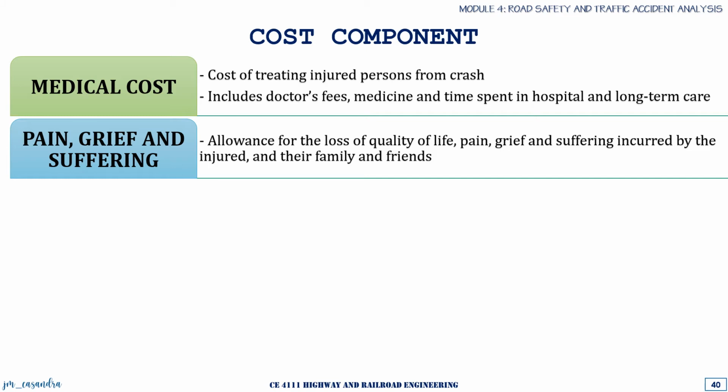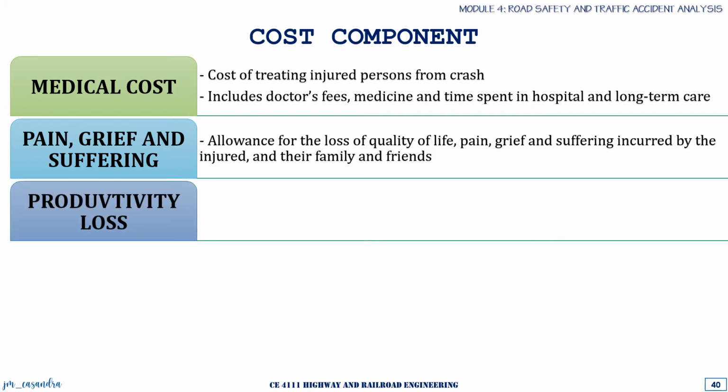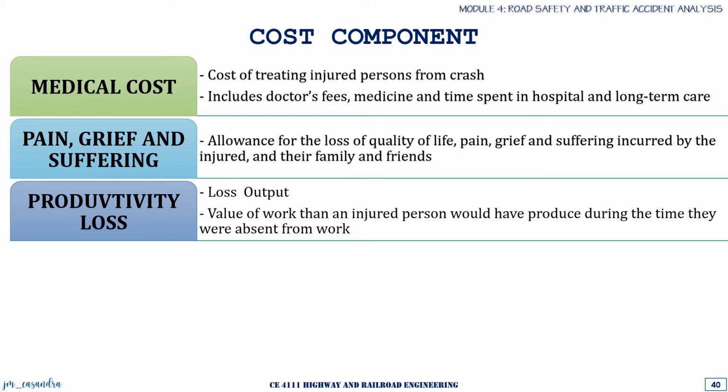So for the next one, we have productivity loss, which is the largest resource cost incurred by traffic accidents or any kind of accident, which is measured as the loss due to loss of productive manpower. The productivity loss is also known as the lost output, wherein it is the value of work that an injured person would have produced during the time they were absent from work.